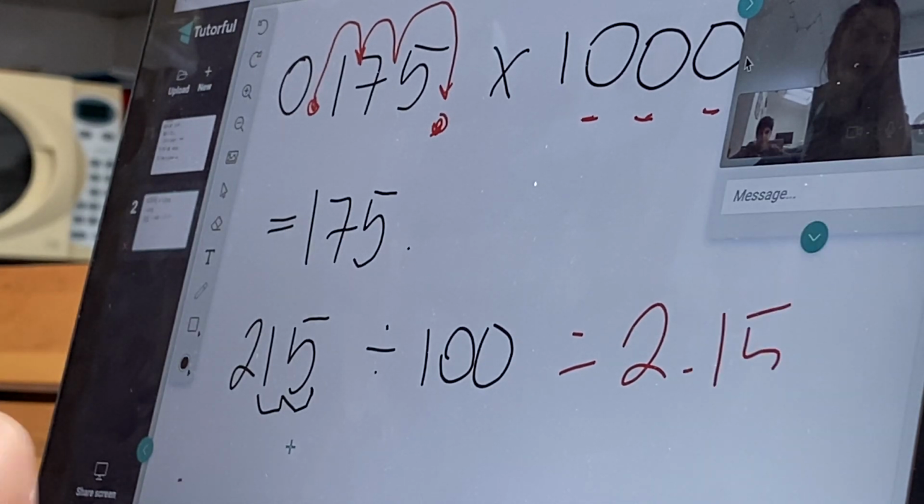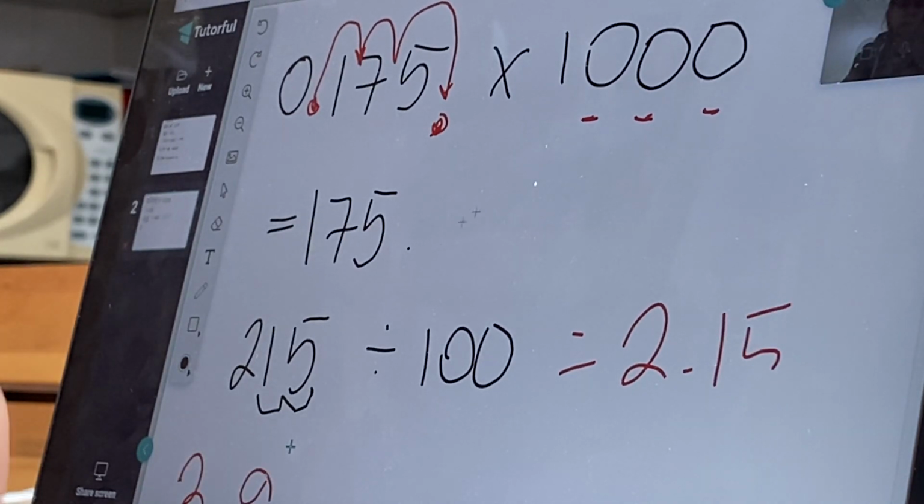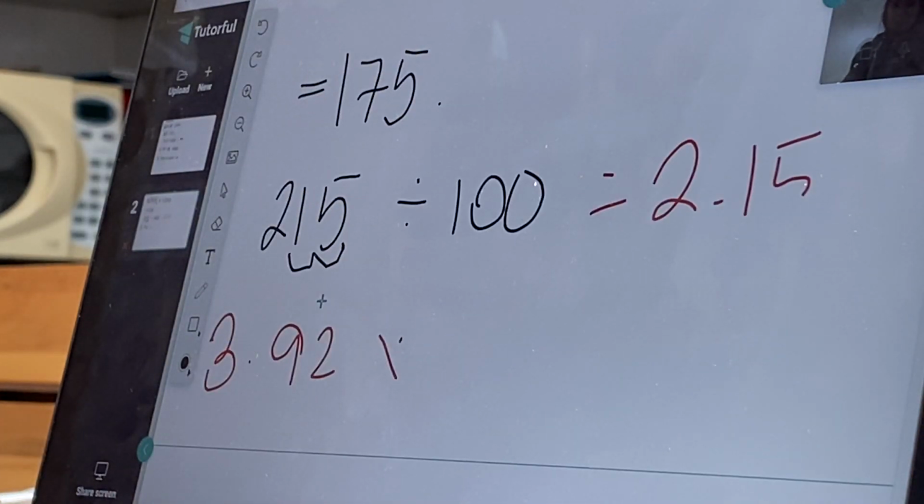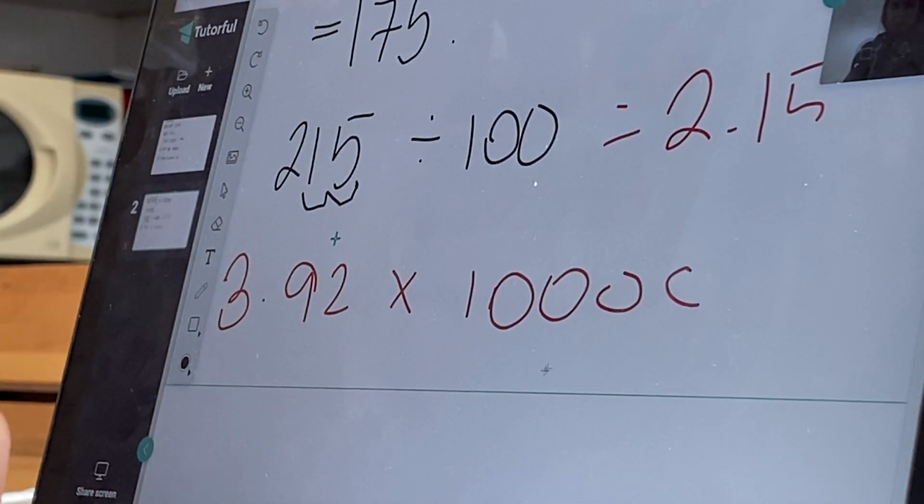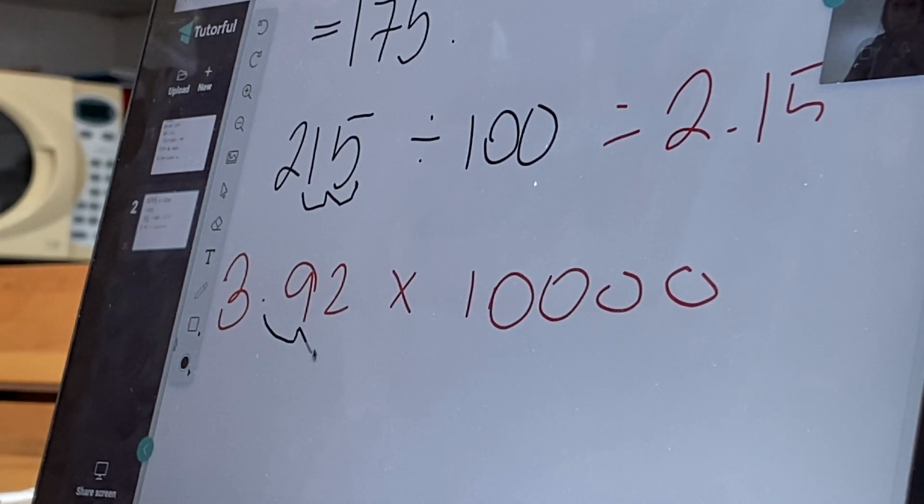Okay, let's do 3.92, and let's multiply that by 10,000. So we're moving the decimal place 4 spaces, so it's not going to be 392.